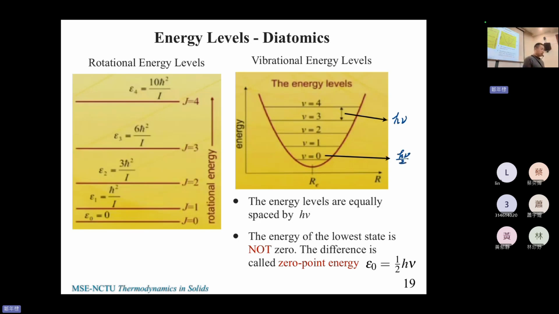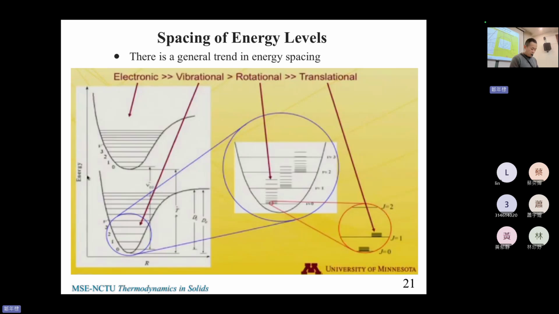Just another emphasis here. 那我们现在其实都是复习了。我们再次强调，在 vibrational energy 里面，每一个 energy level 都是相同的间距，h nu，然后最重要的是零点能量是 h nu over two，不是零，这很重要。This page I have mentioned today in the beginning of the class.